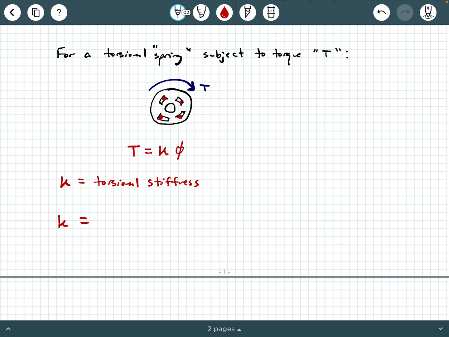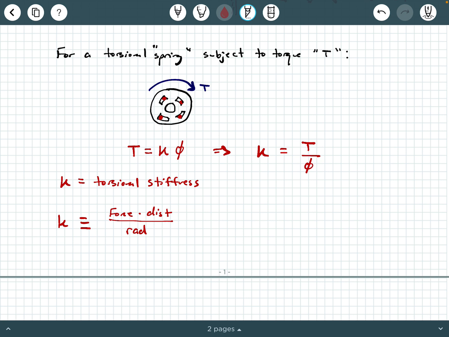Well, K is a ratio of torque to an angle of twist. If you rewrite this, K is the constant of proportionality T over phi, okay? And what would that give us for the units of K? I'm going to use this triple equal sign, which means has units of. So it would be force times distance, that's the units of torque, divided by radians, because phi has units of radians, okay?